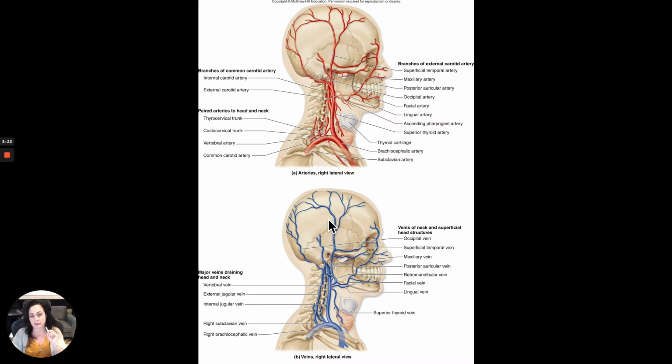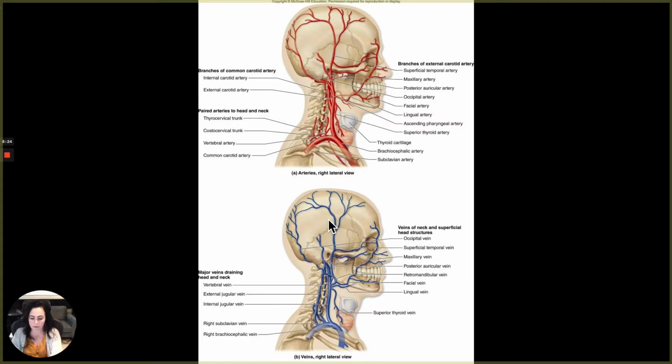And that one is the vertebral artery. So let me show you the vertebral artery. The vertebral artery is right here. The vertebral artery is going off of this branch right here, and this branch is the subclavian.